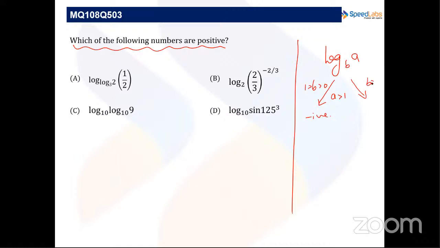And if b is greater than 1 and a is less than 1 and obviously greater than 0, then this value will be negative. These are the two basic conditions. We have to check for a as well as for the base.